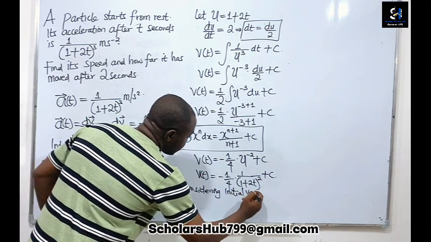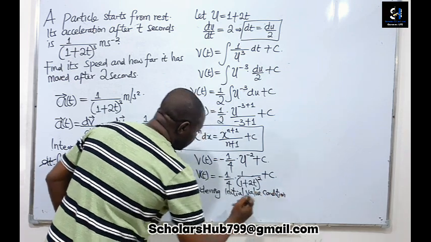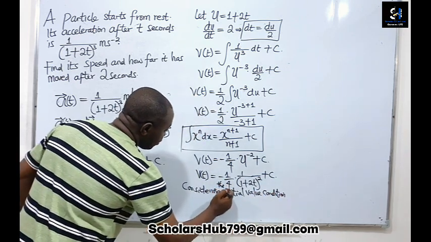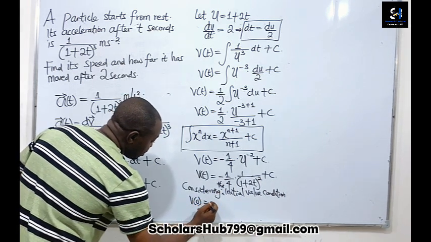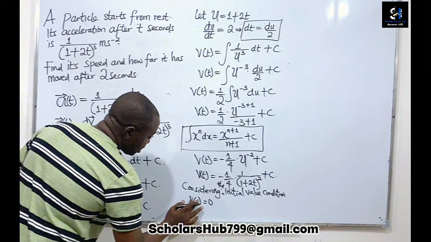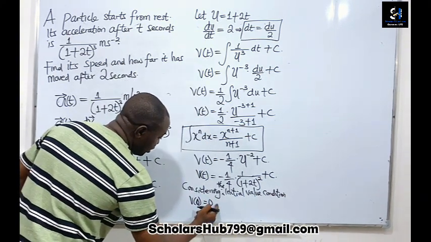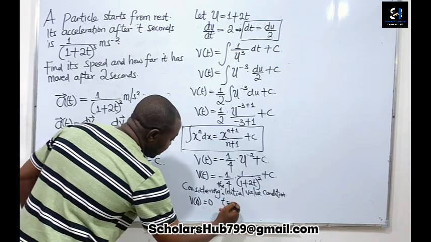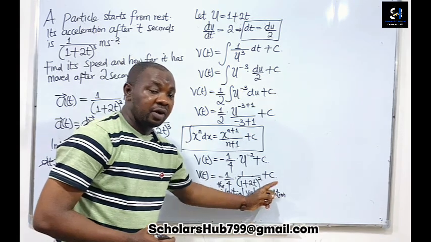Considering the initial value condition, we have that v of 0 will be equal to 0 when the time is equal to 0. So with that, we should be able to find the value of c.